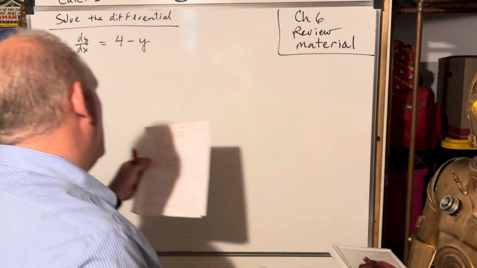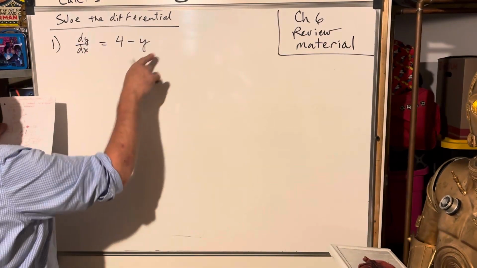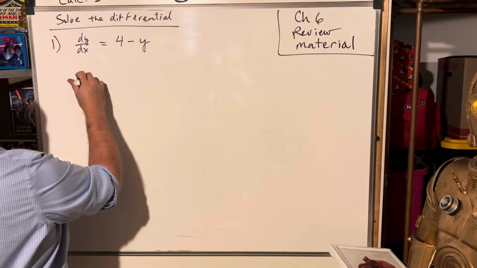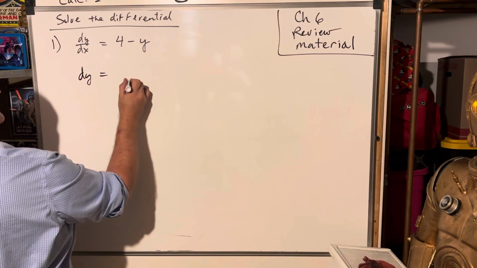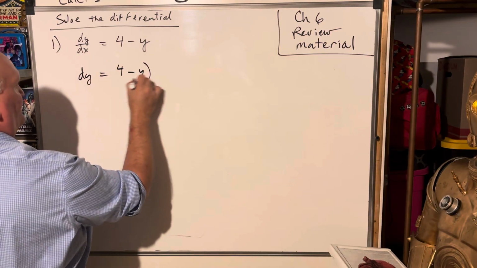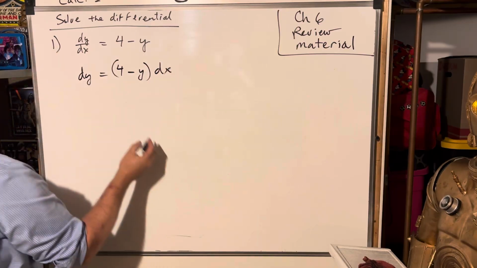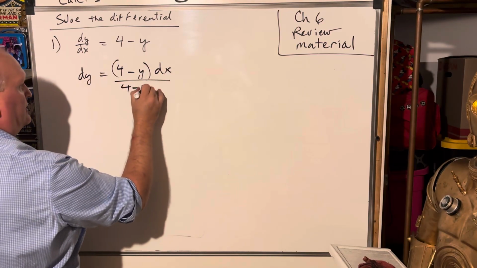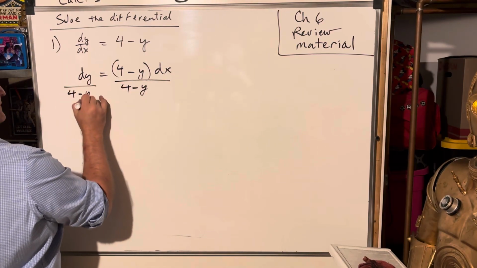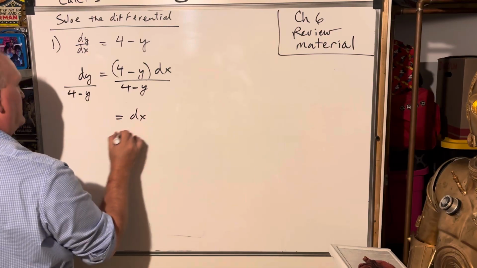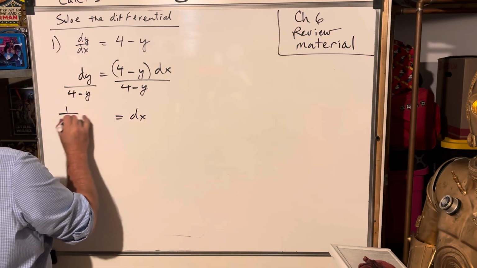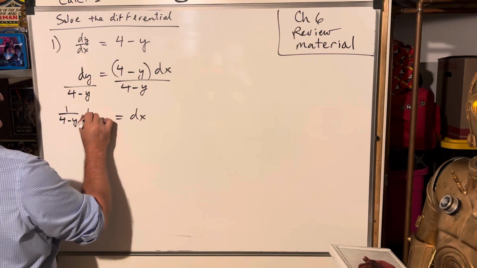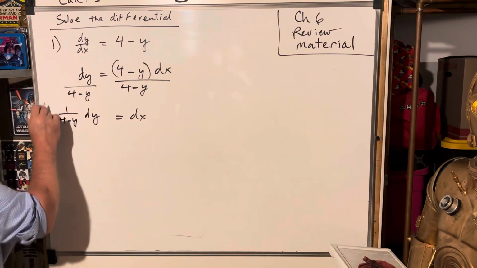So let's do it. Solve the differential. So dy/dx, multiply both sides by dx, and then divide out 4 minus y. So we got 1 over 4 minus y dy, and now integrate.